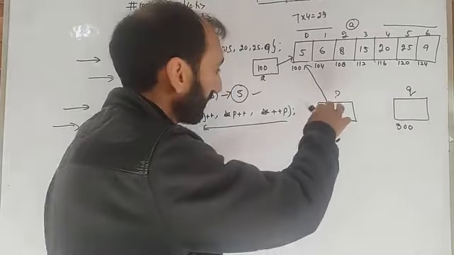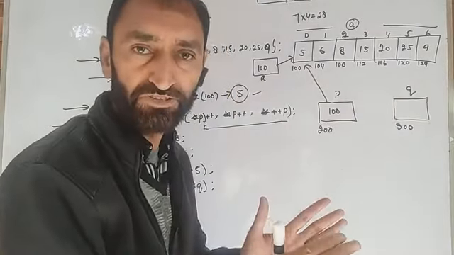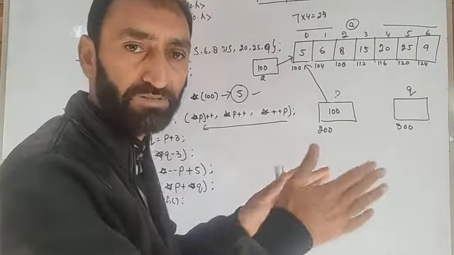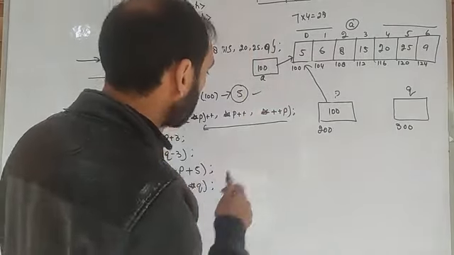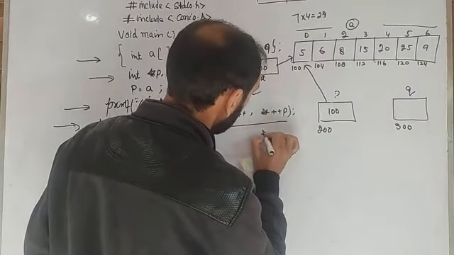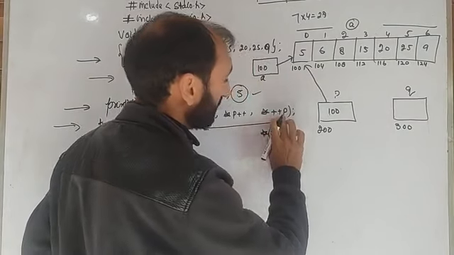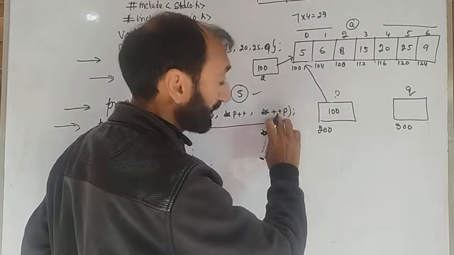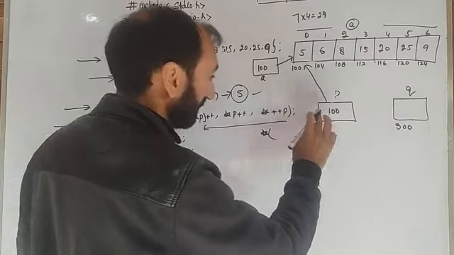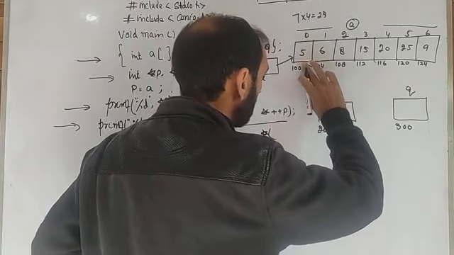If the pointer value gets incremented, it moves forward by one location. That means first, this value will get modified.